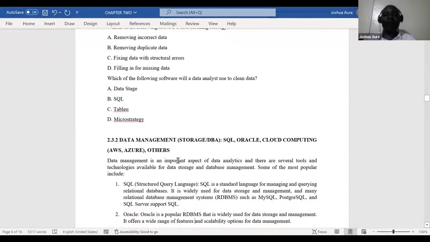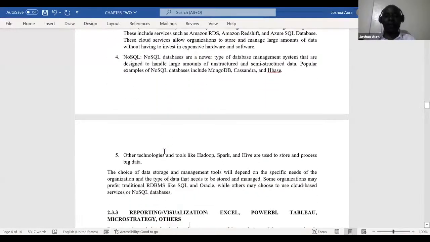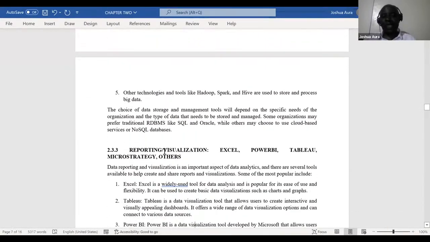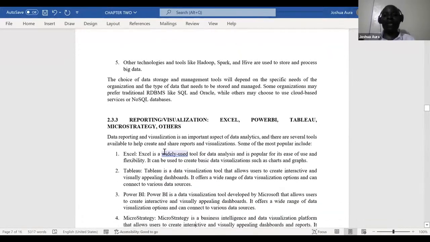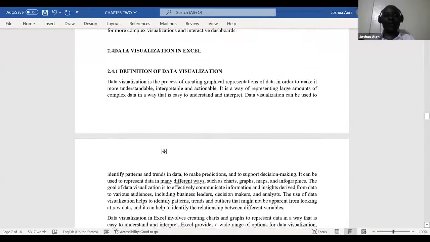Okay, we have data management storage and database administration, SQL, Oracle, cloud computing, AWS, etc. Reporting, visualization, Excel, Power BI, the famous W, MicroStrategy, others.